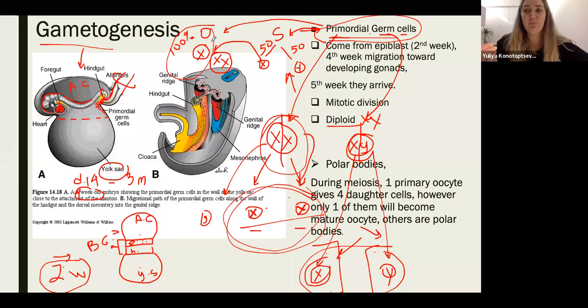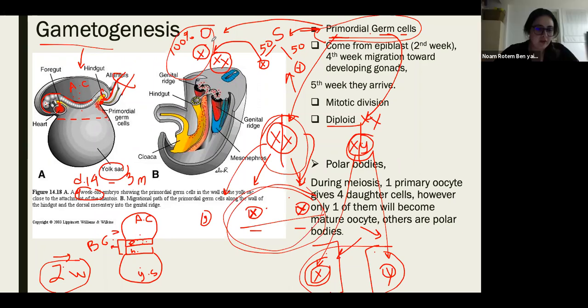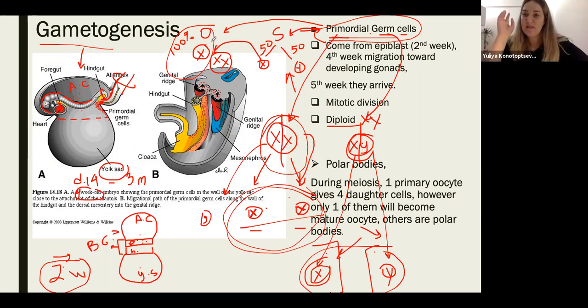Spermatozoa are also haploid, but they're either X or Y. Exactly. Let's imagine in a man, for example, I have 100 spermatozoa, 100 of them. How many will have the X chromosome?